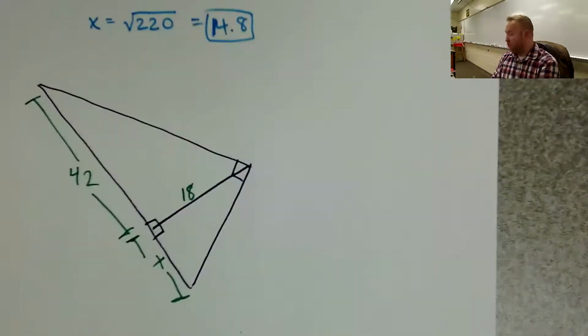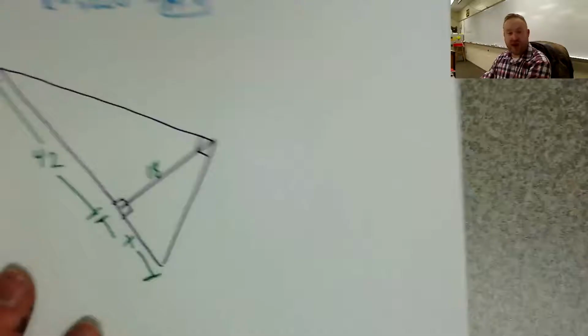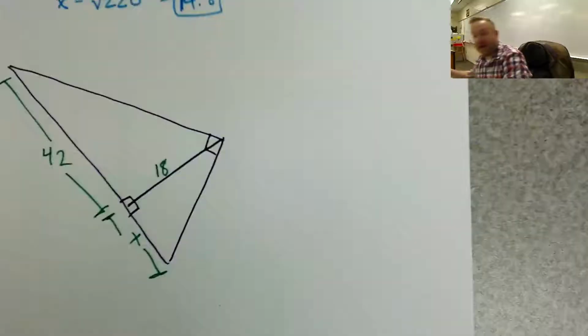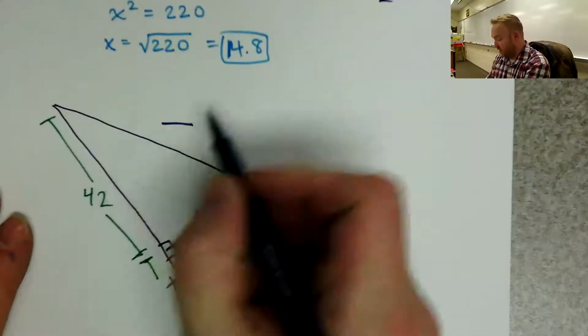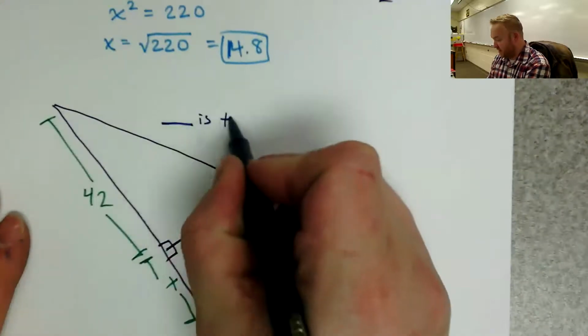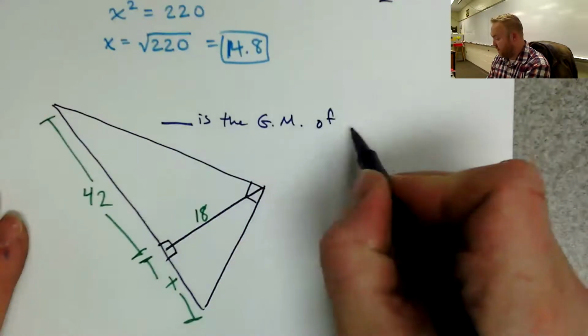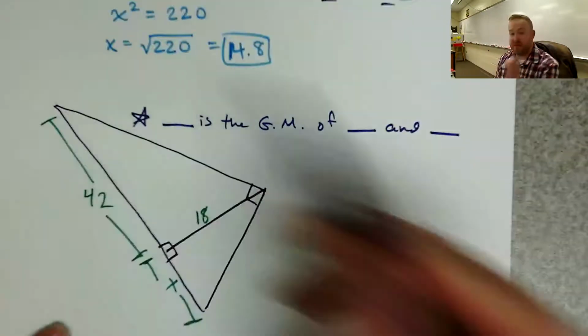Okay, so we can write out a sentence similar to this one. And in fact, in these problems, you should always start by trying to set up the following statement, which is: what number is the geometric mean of this number and this number? This is what you should be thinking right here.